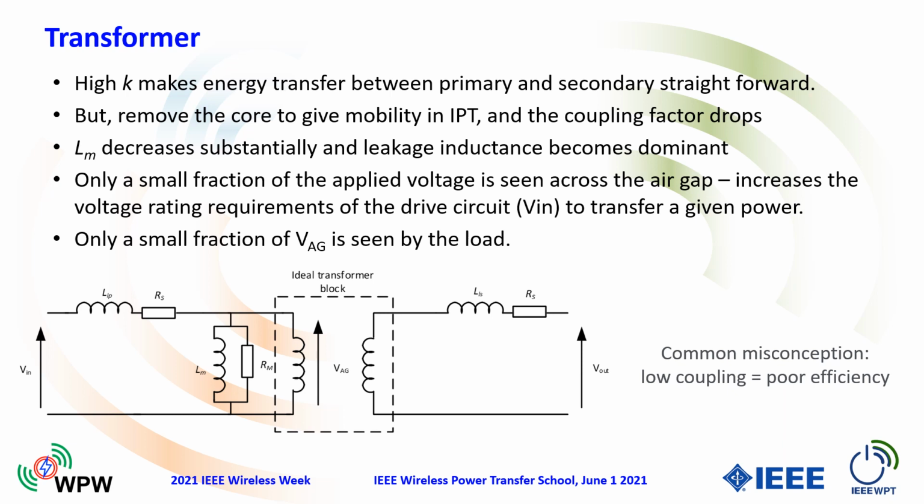So please note that if you get a high leakage reactance here in a transformer-like component, what it's meaning is that you're not getting all of the applied voltage appearing across the air gap voltage. We can deal with that. We deal with that with resonance, as you've seen in the previous talk. But it does not automatically mean poor efficiency.